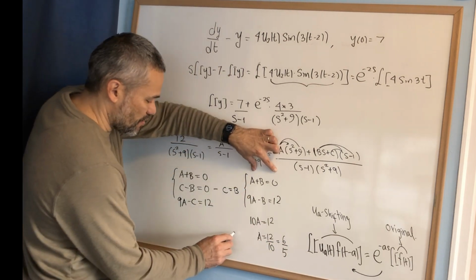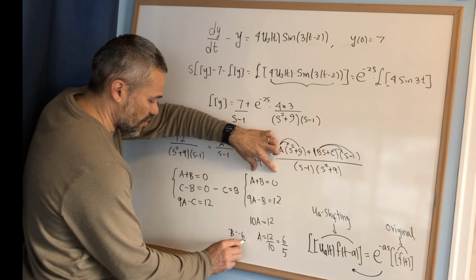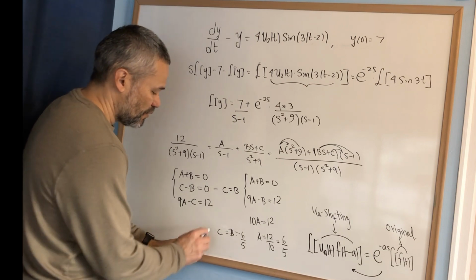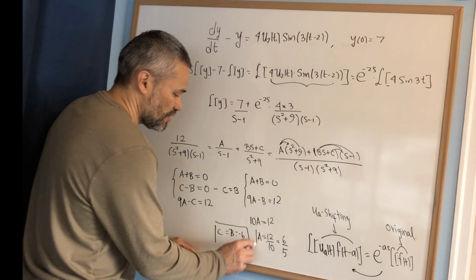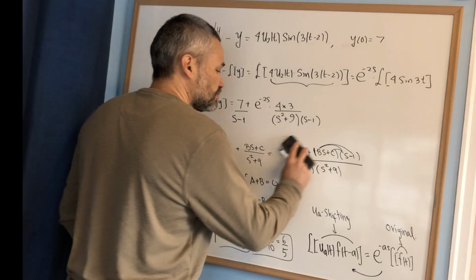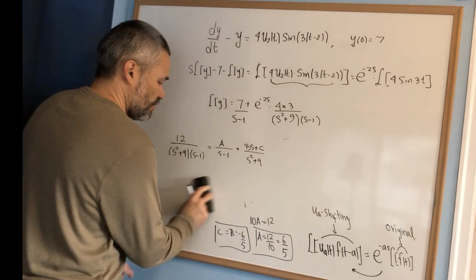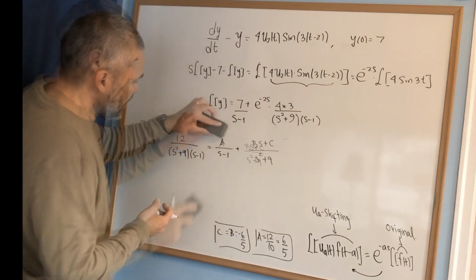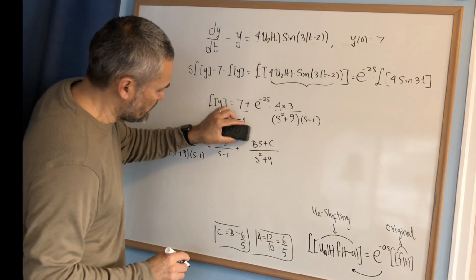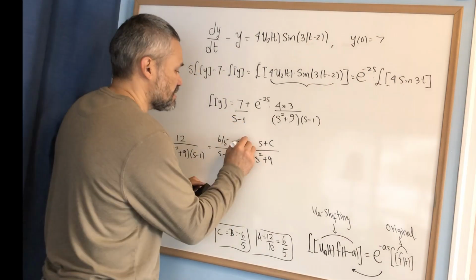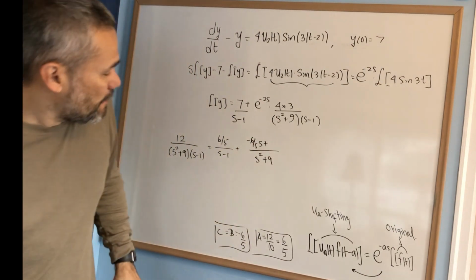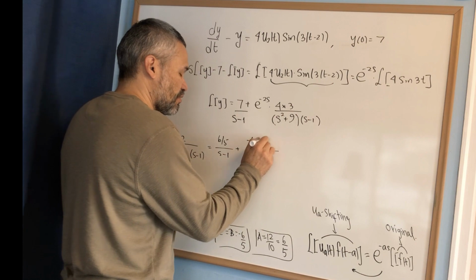And then from this equation, b is negative 6 over 5, and we also know that b is equal to c. We have the solution here: a is 6 over 5, b is negative 6 over 5, and c is also negative 6 over 5.